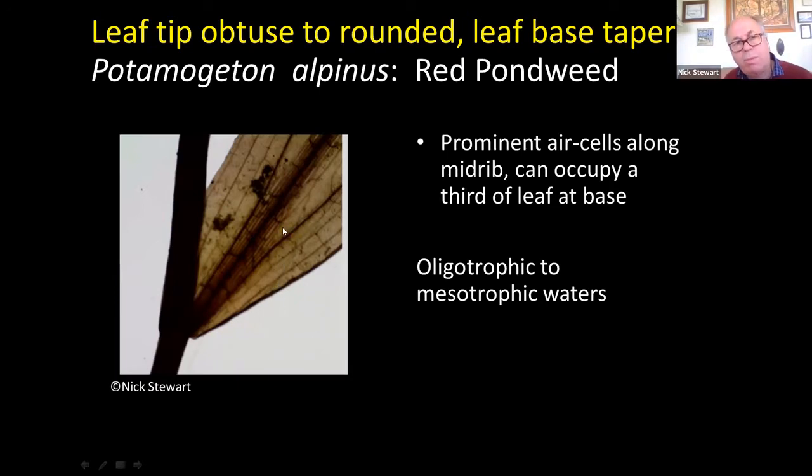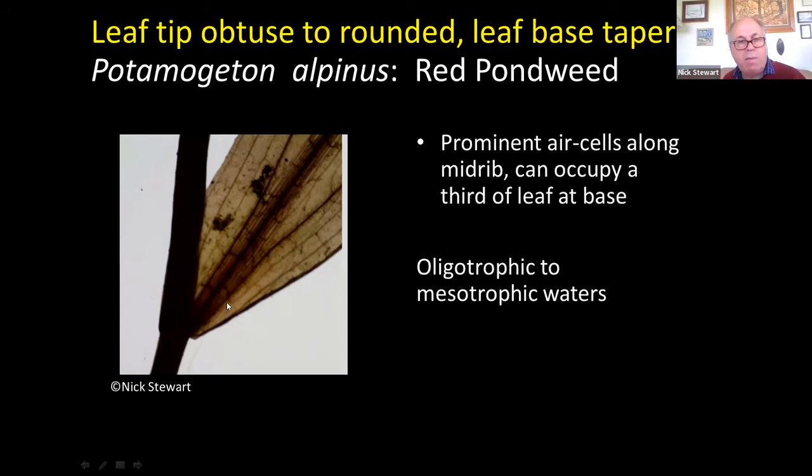Now, a lot of pondweeds will produce these larger cells on either side of the midrib. So in fact, what you're looking at here, the midrib is only this dark bit in the middle, and you can see particularly here these larger cells, the technical word is lacunae, which are large cells that give the leaf and the plant extra buoyancy.